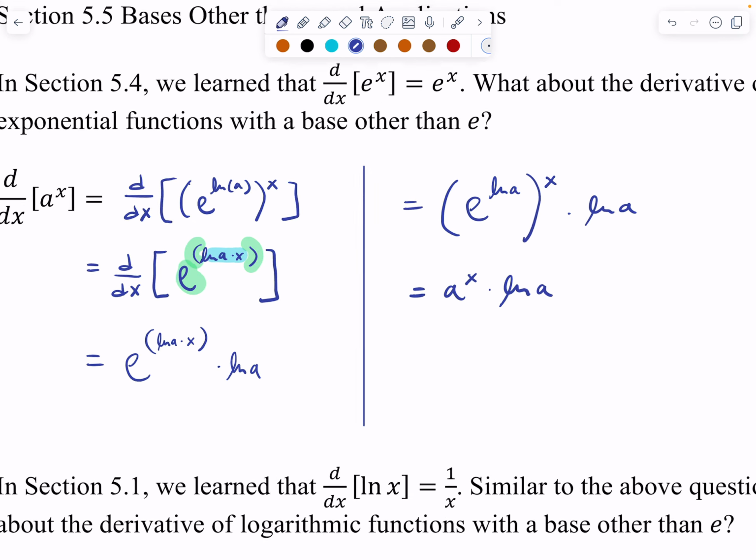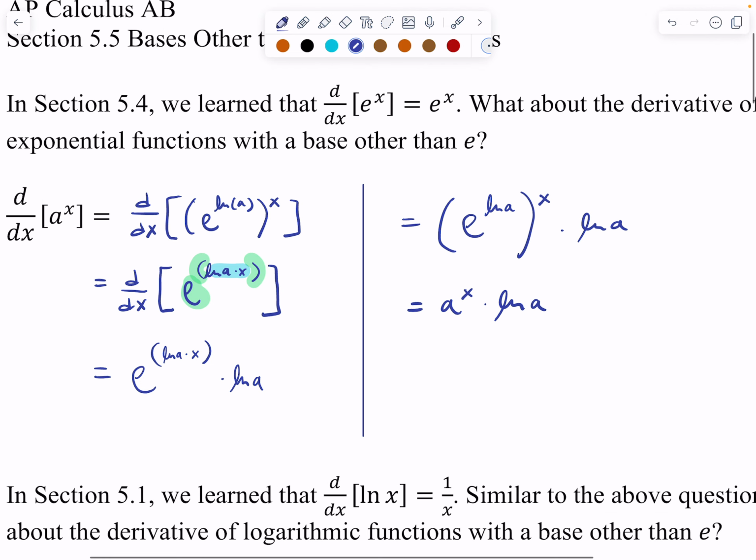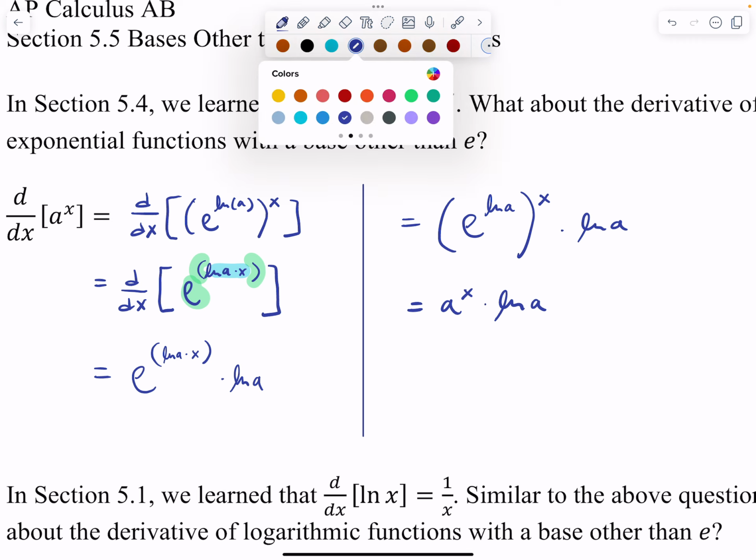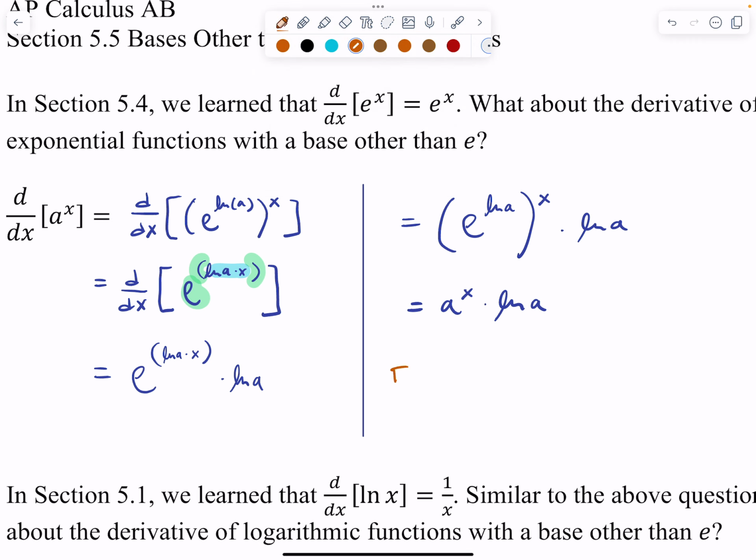So that's the derivative of a to the x. So for example, if we wanted to differentiate 2 to the x, like I mentioned in the beginning, the derivative of 2 to the x is 2 to the x times natural log of 2.